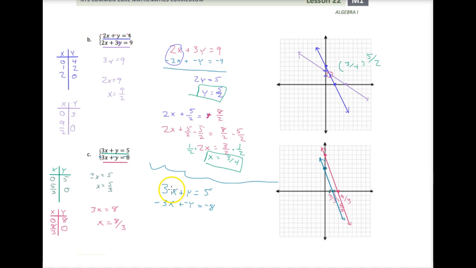Oh my goodness. We have a 0 here. That's a 0. We have a 0 here. 0 plus 0 is 0. So when we add that side up, we get 0 equals negative 3. And that is confirmation. This is a false statement. And that tells us that these two lines cannot intersect.